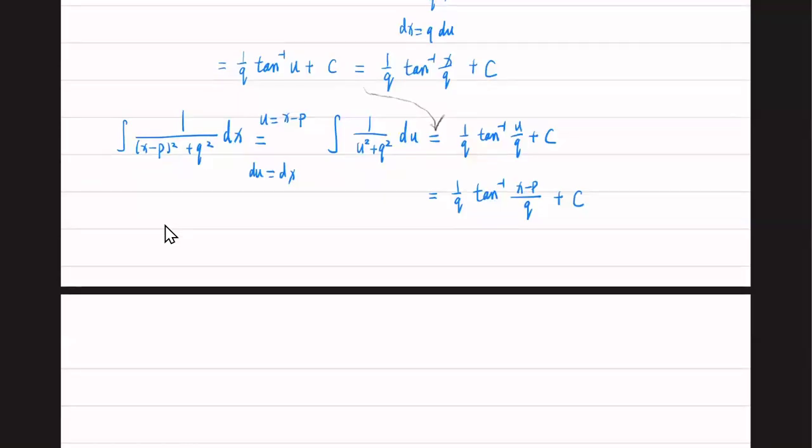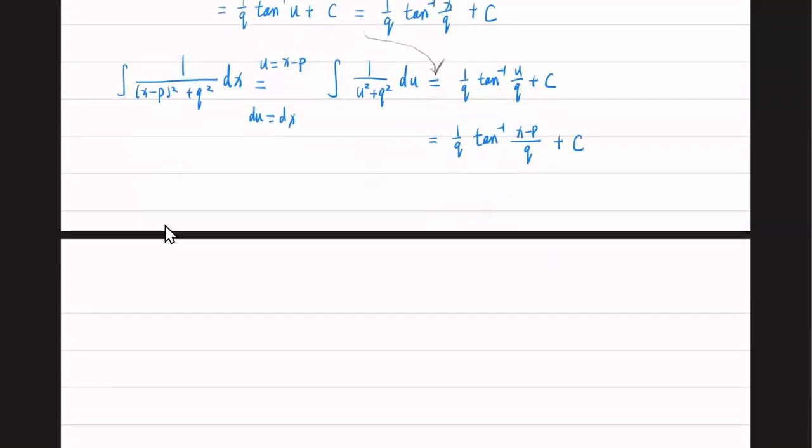Okay, another one. See how we integrate 1 over x squared minus 4x plus 5. Okay, so first, let's check. Could we factorize the denominator?